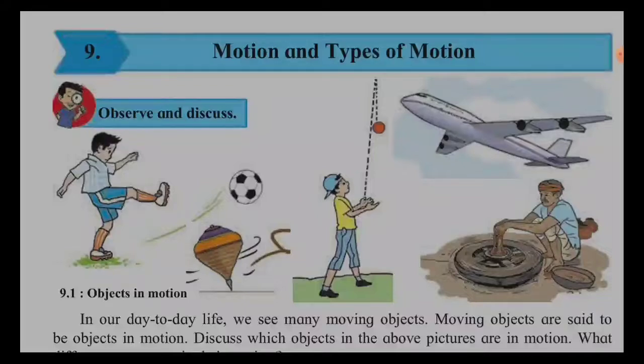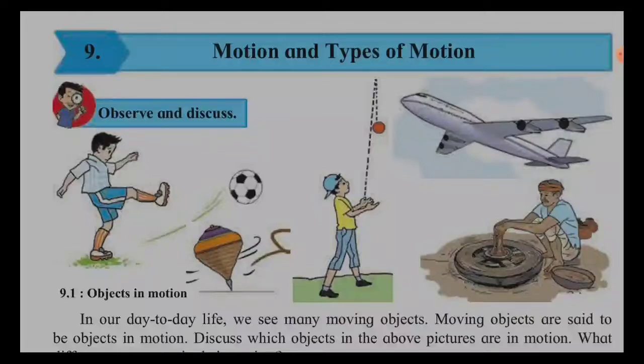Okay, you can see the second object, that is a top. The top is spinning. In the third picture we can see that a boy is throwing a ball upward and it is coming down again. And we see an aeroplane and a potter making pots.